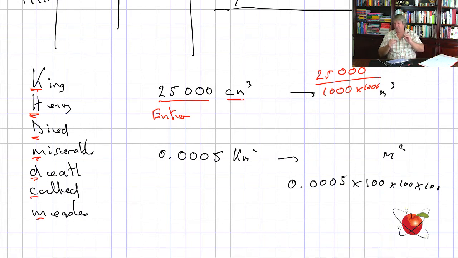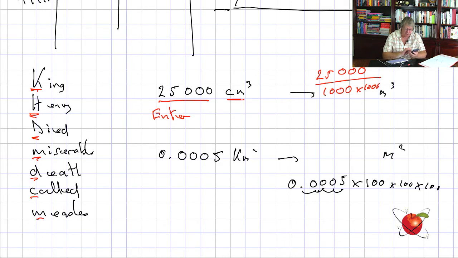And in this case, it's entirely up to you whether you use a calculator or whether you do it by the old method of moving the decimal 2 for that, 2 for that, and then another 2.